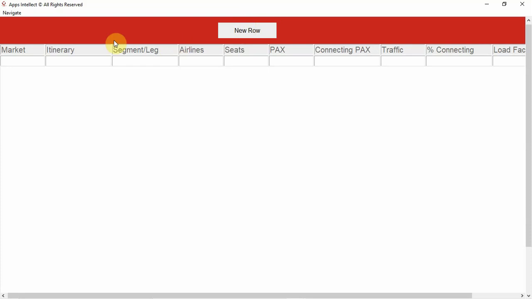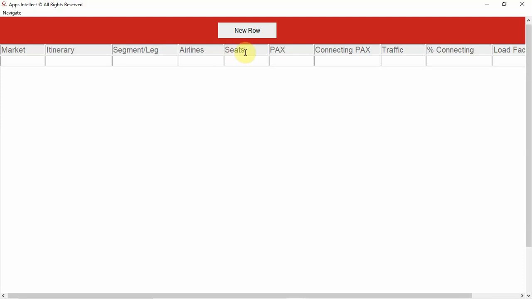Market means the city pairs, you can say. The itinerary is the schedule published by an airline. Segment is the route which they are going to fly. Airline: we'll compare two airlines, airline 1 and airline 2, to analyze their market shares based on the frequency of flights they provide daily.